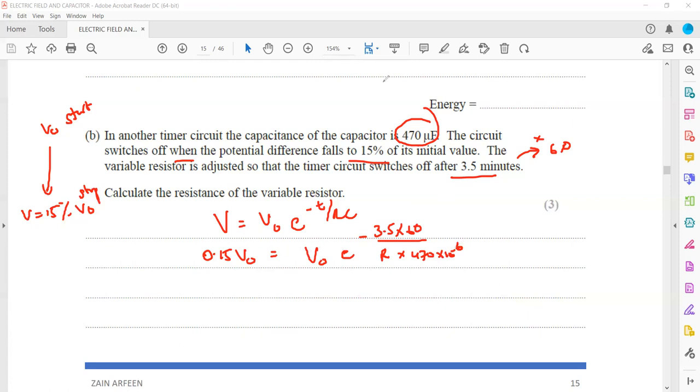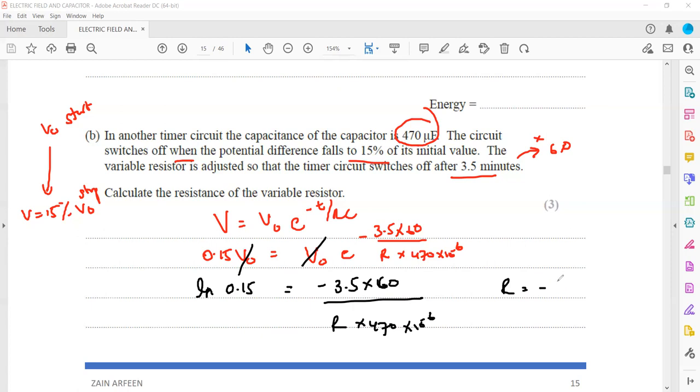V naught will cancel with V naught. We'll take ln on both sides. So ln 0.15 is equal to, when we take ln here, it cancels with e, so we are left with 3.5 into 60 divided by R into 470 into 10 to the power minus 6. We need R here, so we cross multiply.